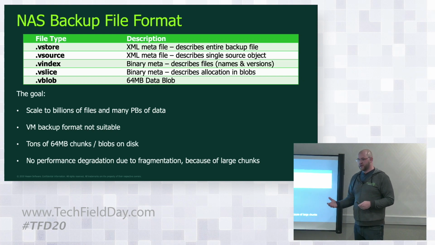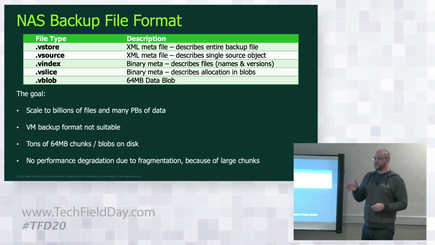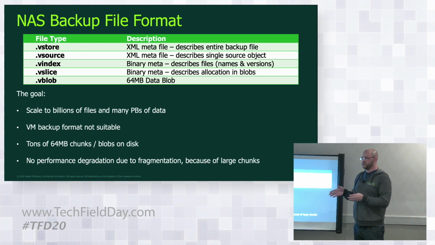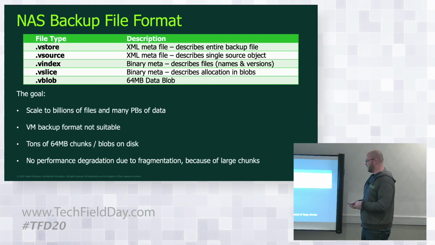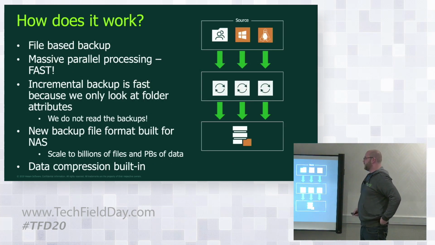But if it's a dedupe device, then we can't. We've got to wait until it's appropriate to do so. And if it's object storage, we've got to wait for that whole blob to age out. But we've been very granular: 64 meg is the smallest we can get to, to make it as efficient as possible.